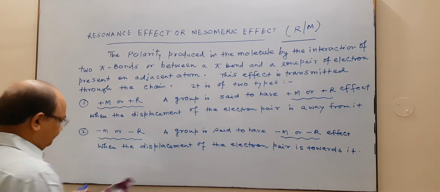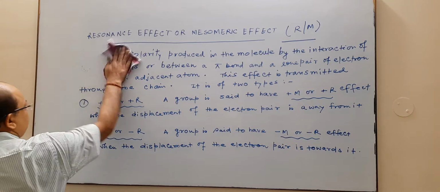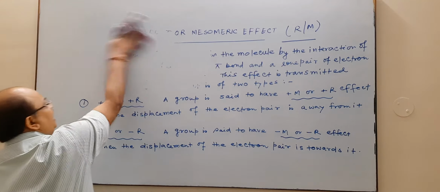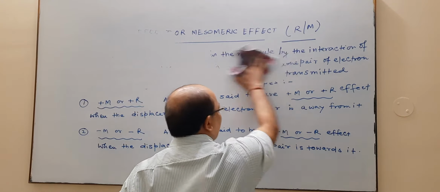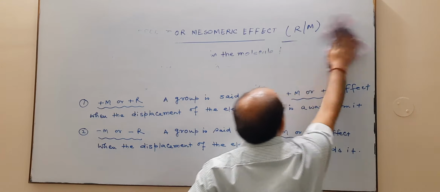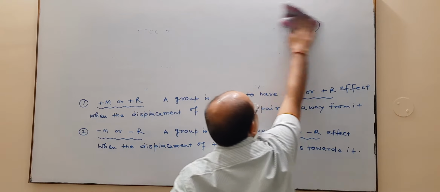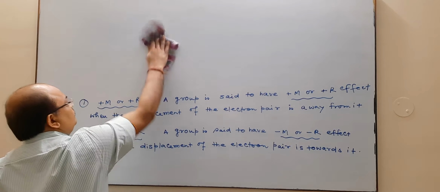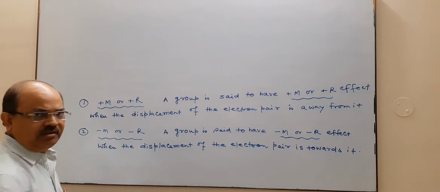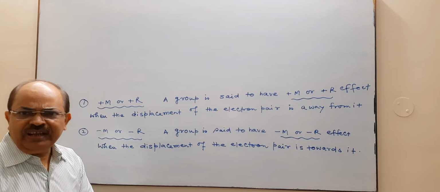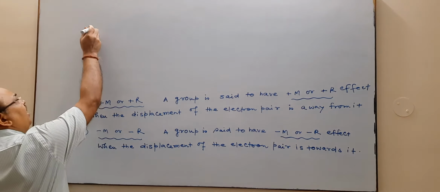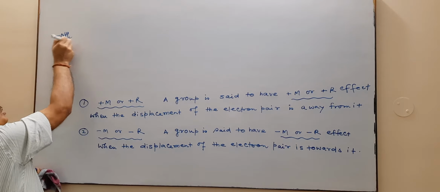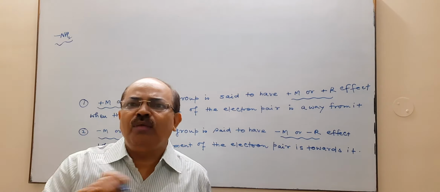So first of all, definition रहने दीजिए, that will help you to understand what is plus M or what is plus R. Say, if I write that NH2 group, you know NH2 group is your amino group.